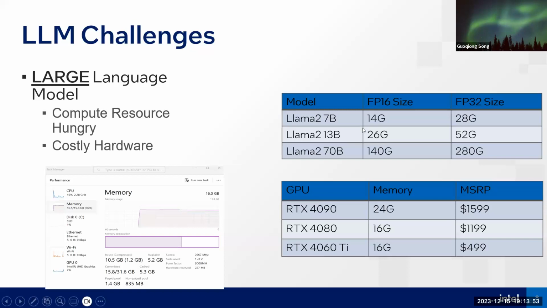And the size, think about this, just 7B Llama, we have to have 14 gigabytes for FP16. If it's 70 billion parameters, the size goes to more than 100 gigabytes. So it's a mismatch. The model gets so big, but the memory is very small.